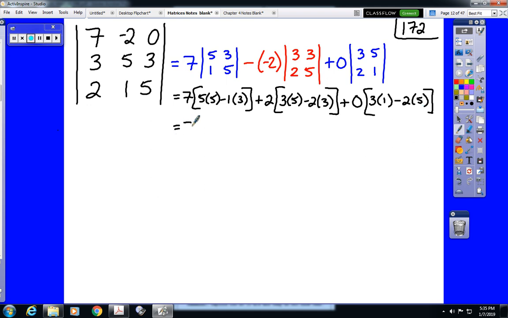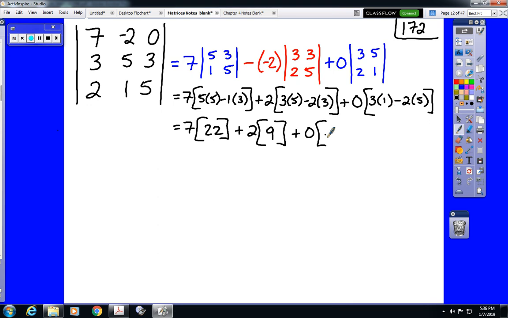So that would be 7 times 25 minus 3, which is 22, plus 2 times 15 minus 6, which is 9, plus 0 times, and again it doesn't matter if we screw this up, 3 minus 10 is negative 7. So that would be 154 plus 18 plus 0, or the same answer we got with the other method, 172.